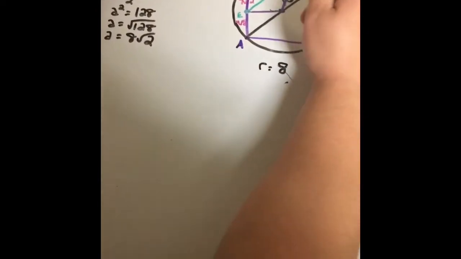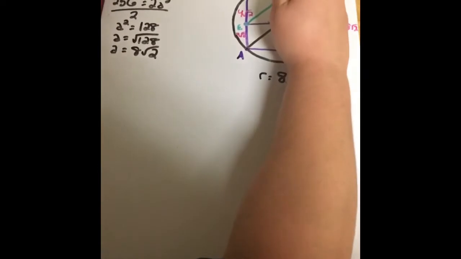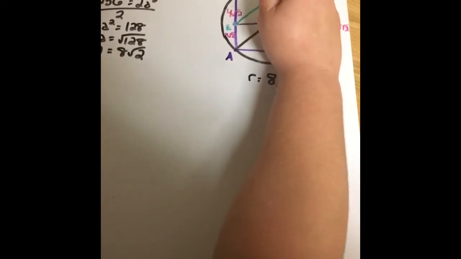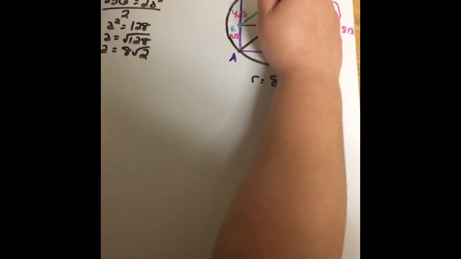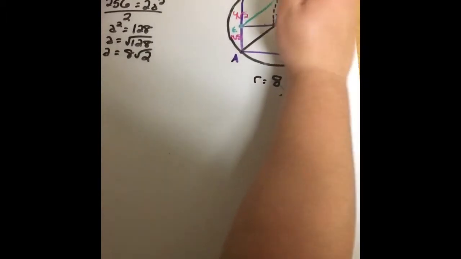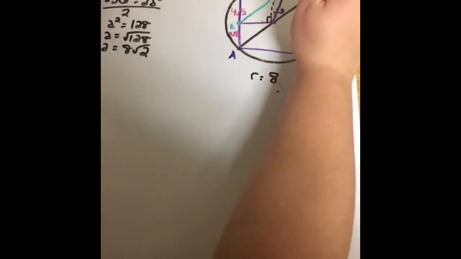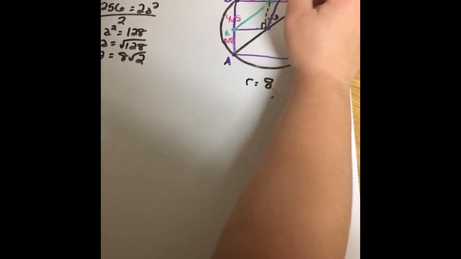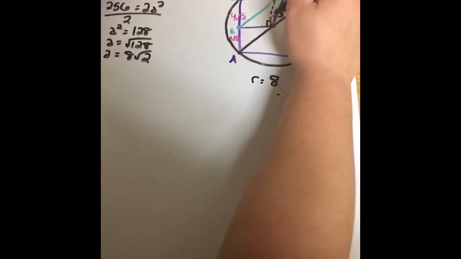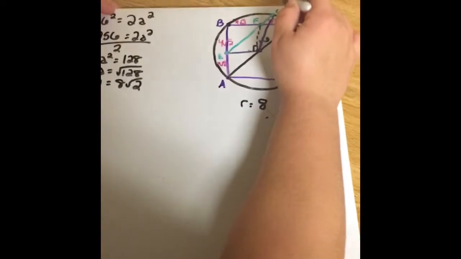Okay, so after we connect all these points, what we can do is drop a perpendicular from F to the center of the circle. And we can make a right triangle here. And then we can find this length and this length.